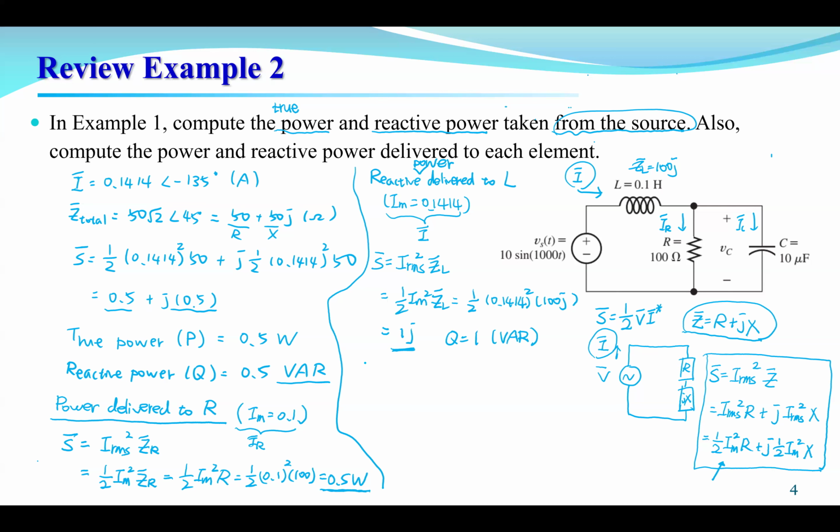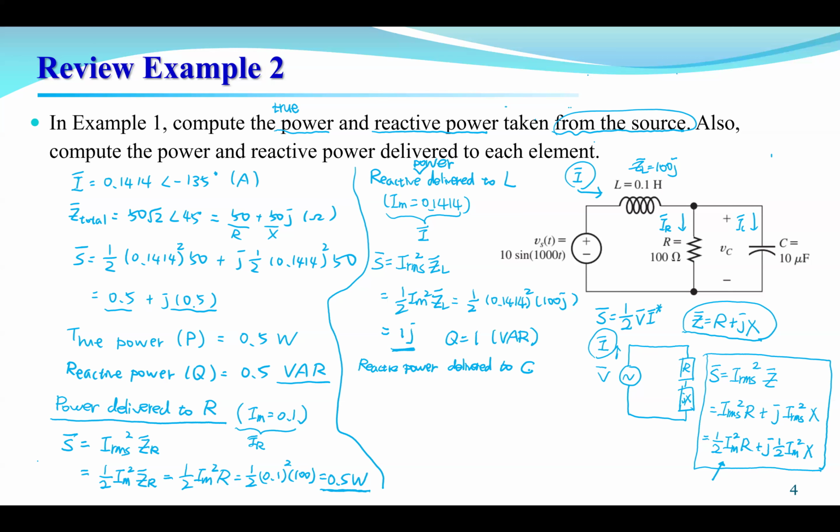Same thing, we can calculate the reactive power delivered to the capacitor. Remember, inductors and capacitors don't consume power, so their true power is 0. They only have reactive power.